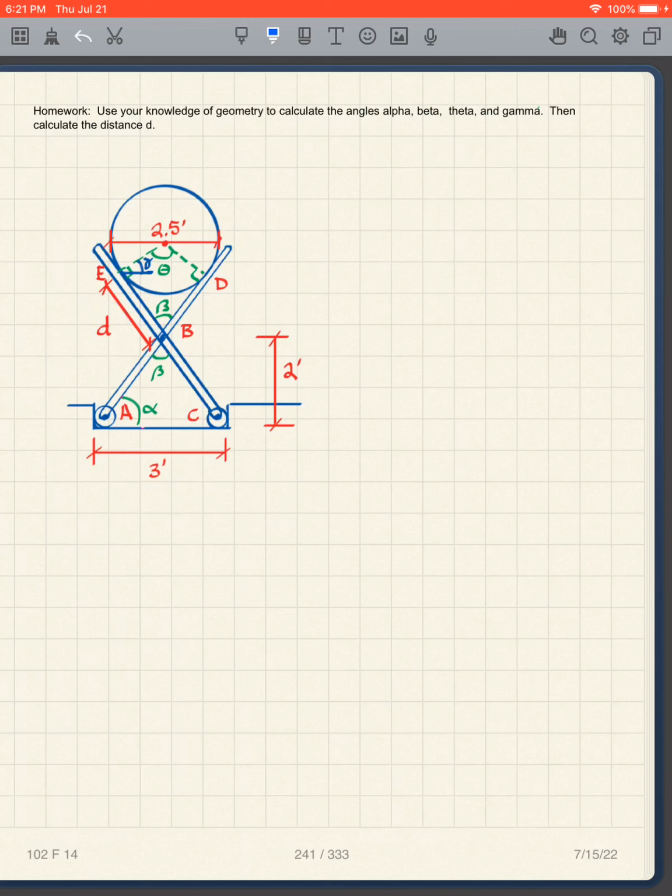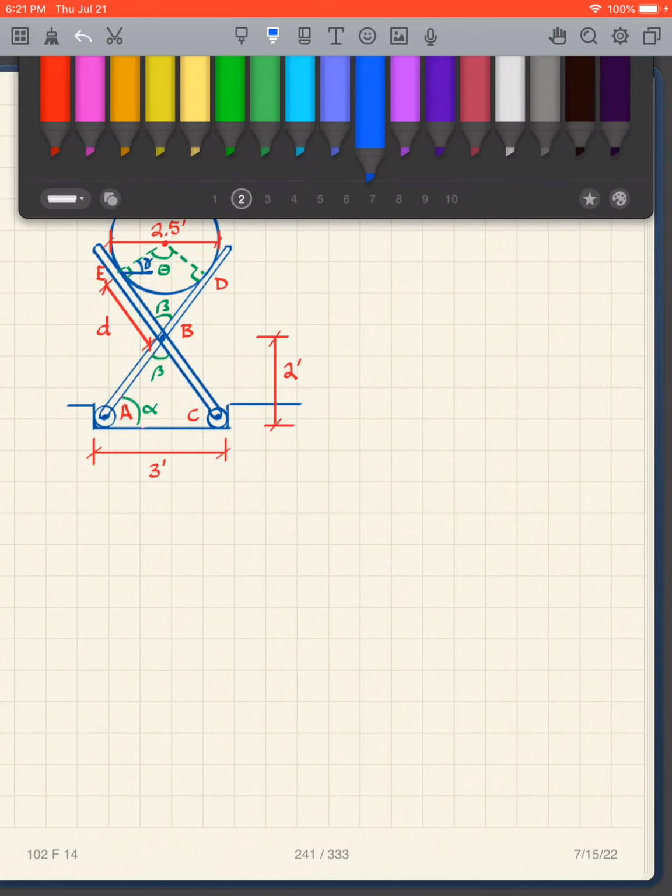Now notice I have the ball, and the ball contacts these surfaces at a tangent. So that's a right angle, and that's a right angle. Now, just to be aware, suppose I have a different geometry.